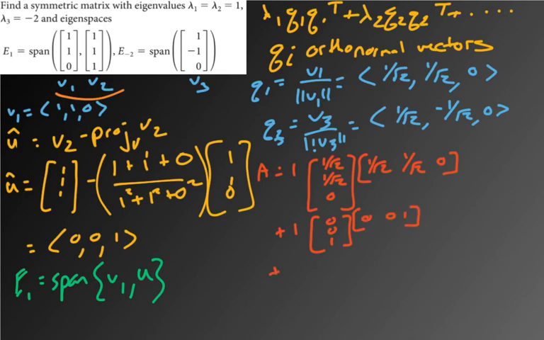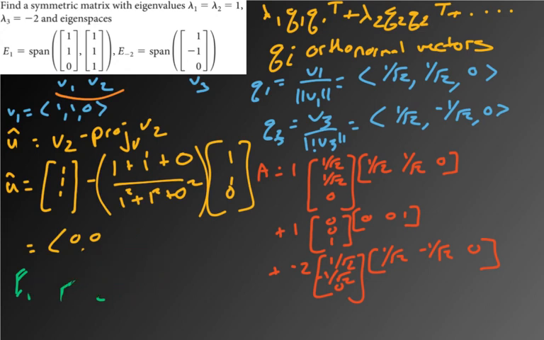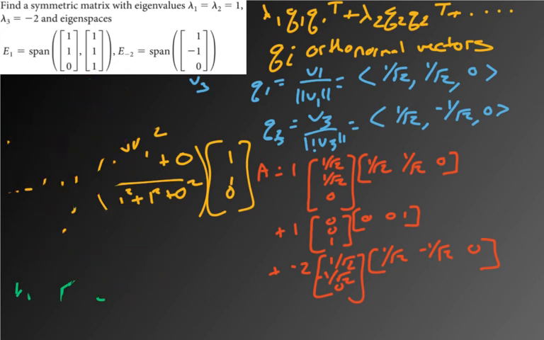And then plus negative 2 times Q3, which is 1 over root 2, negative 1 over root 2, and 0, times the transpose, 1 over root 2, negative 1 over root 2, 0. And I need to erase some things because I don't have room. So I'm going to erase all of this really quickly.